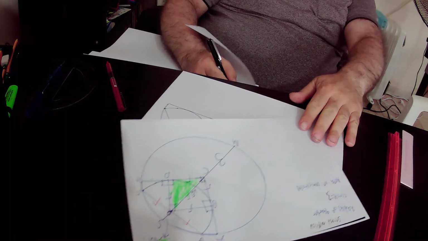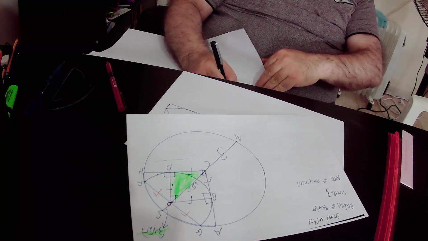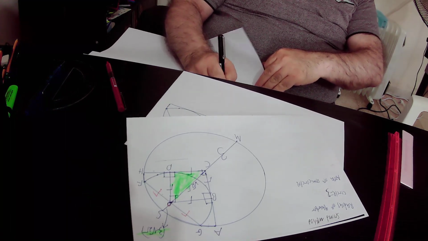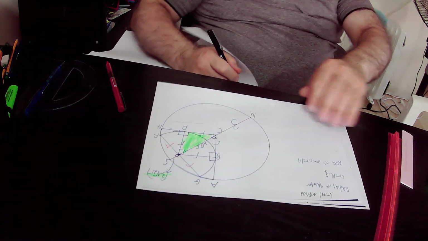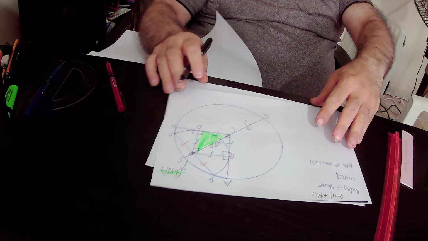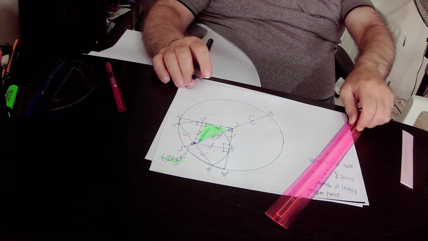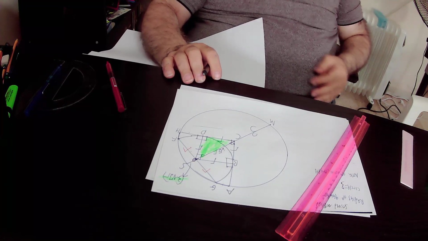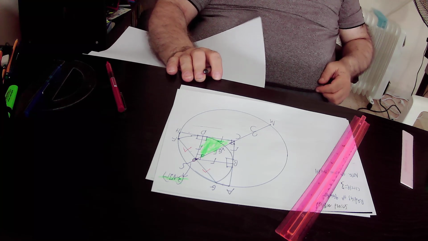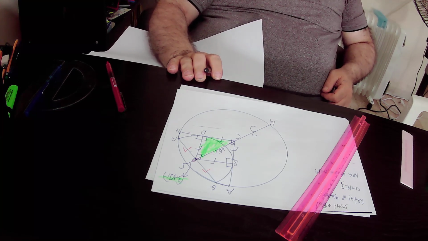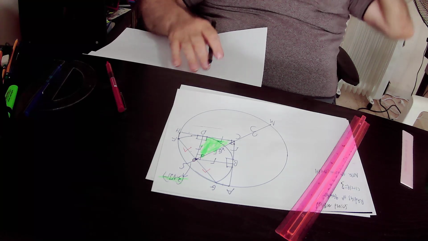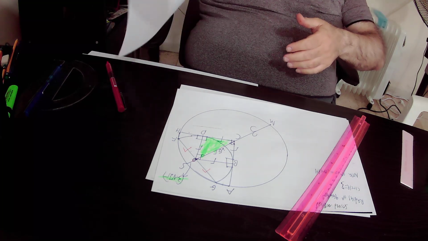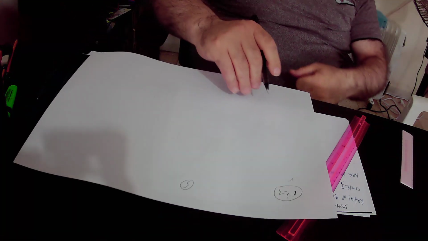We found out that R squared equals 3. And what is the area of the semicircle? The area of the semicircle is equal to the area of the circle over 2. And the area of any circle is pi r squared. Therefore, the area of the semicircle will be equal to pi r squared over 2.